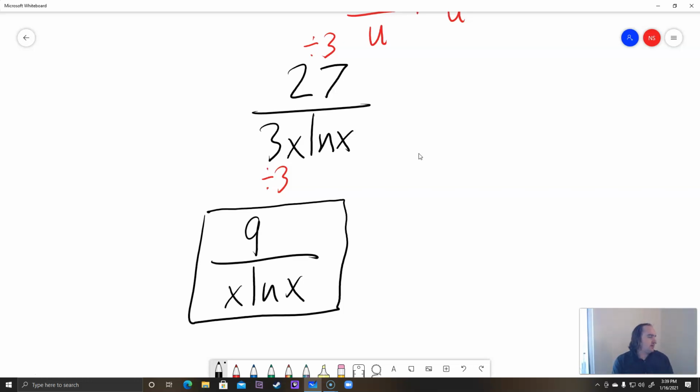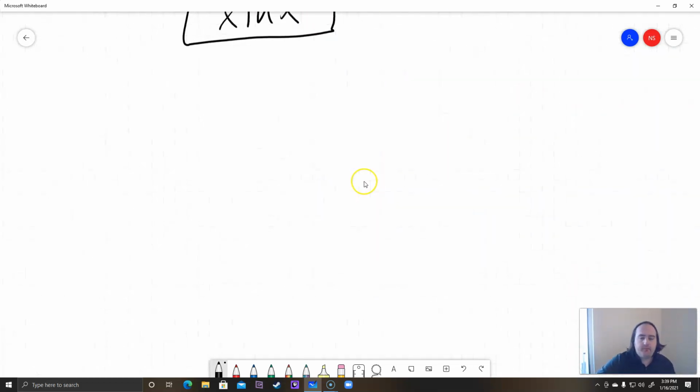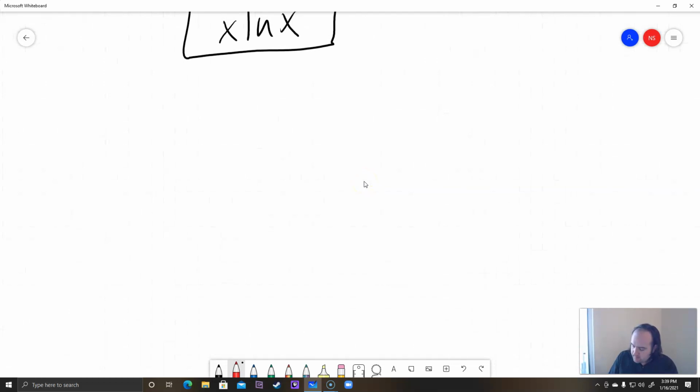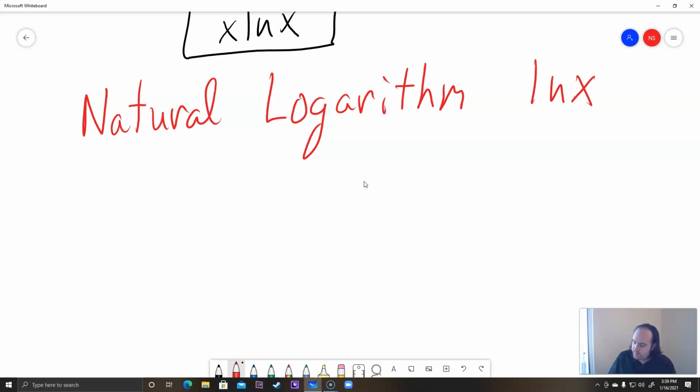Okay, so what we're going to be doing next is we're going to do a couple examples of logarithms with different bases. So far we've only done natural logarithms. So just remember, there's the natural logarithm, which is where you have ln of x.